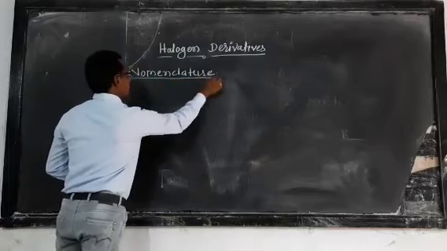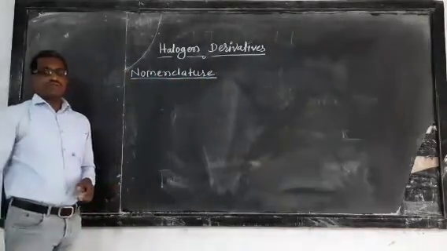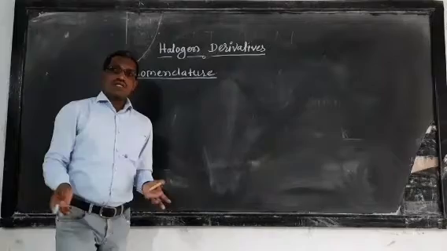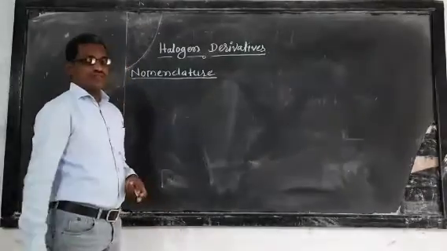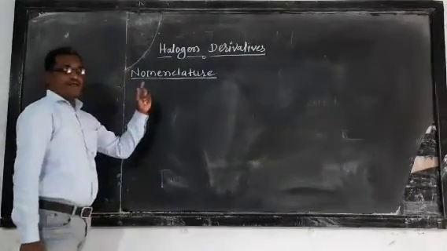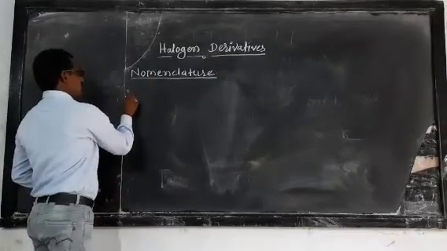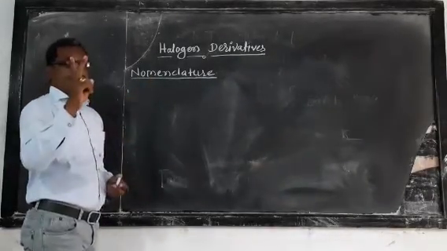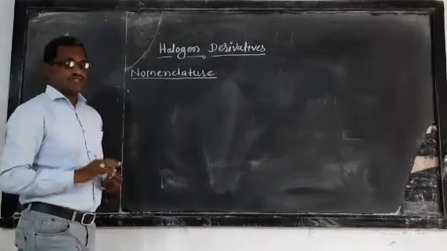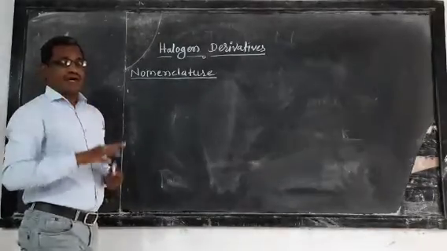Nomenclature of halogen derivatives. For every organic compound, there are two ways to nominate. Like that, we can nominate halogen derivatives by two ways. One is the common system and another is the IUPAC system.